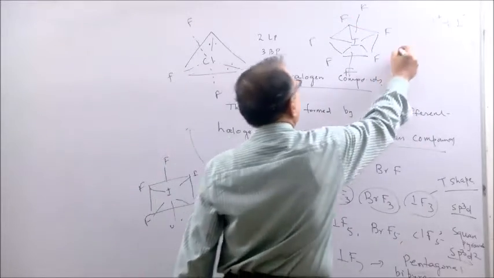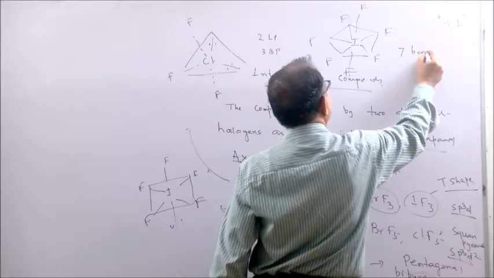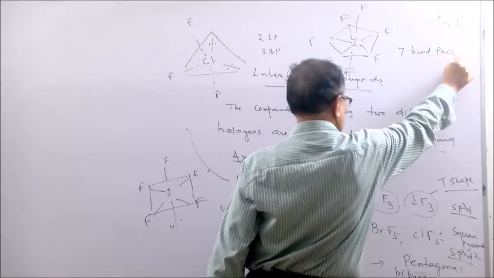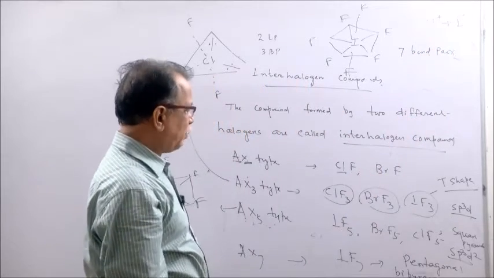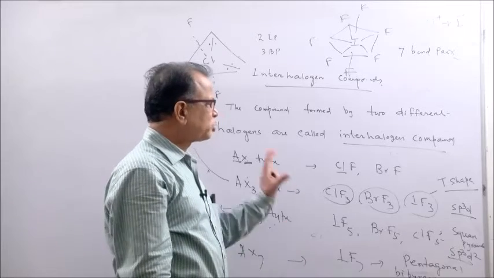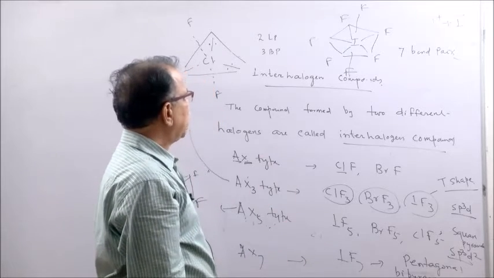It contains 7 bond pairs. So these are all about interhalogen compounds, the compound study of the halogen family.